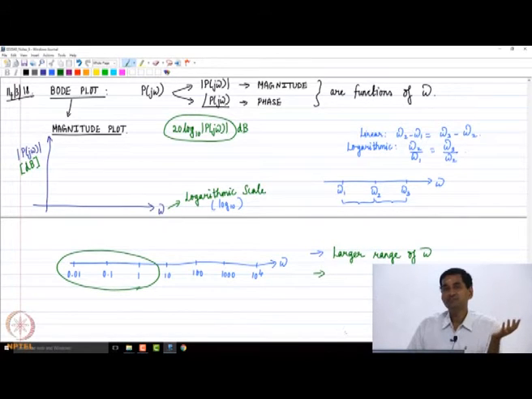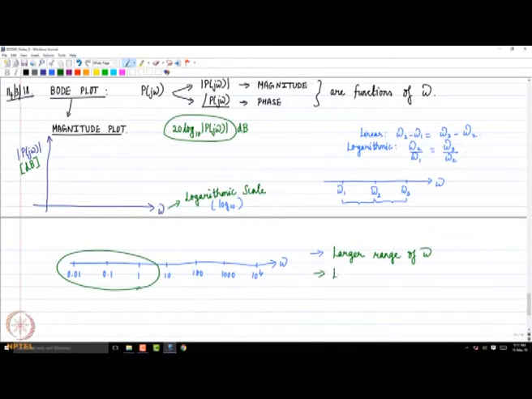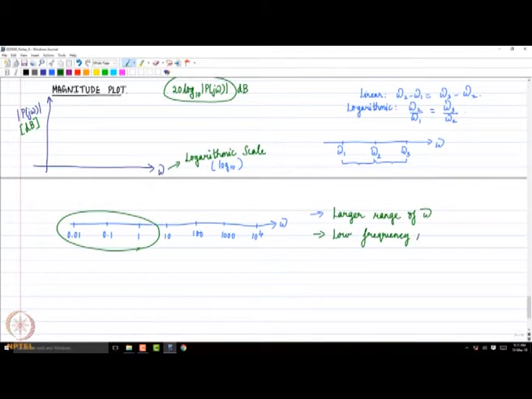For example, if you use a linear scale where 1 unit is 1 radian per second, you go from 0, 1, 2, 3 and so on, right. So 0.1 is going to lie between 0 and 1. 0.01 would be very difficult to plot on a linear scale, right. On the other hand, in the logarithmic scale, you can really expand the low frequency region, right. That is also of interest to us.